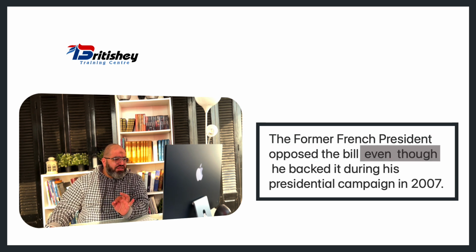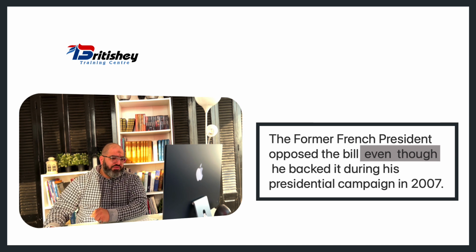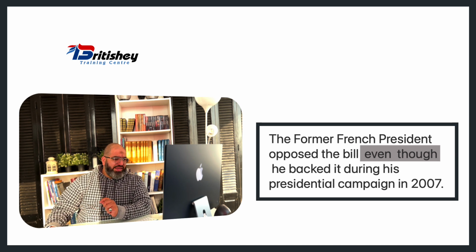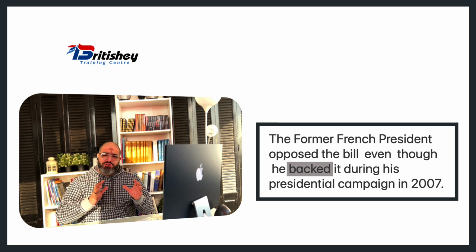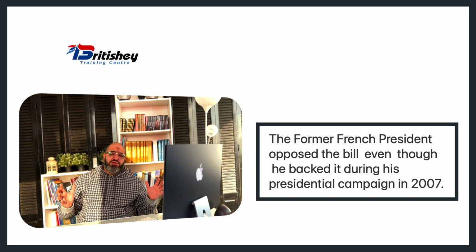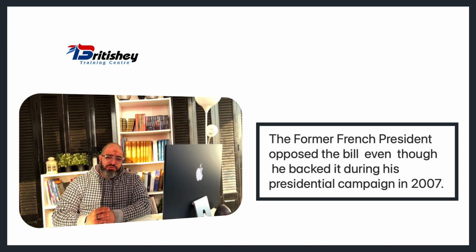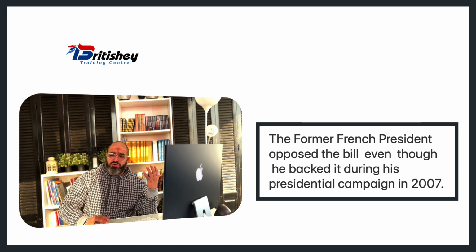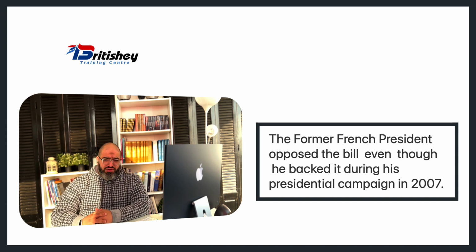And then we have even though, that's a connector. What's after the connector? We've got he, that's the subject. And we've got backed, that's a verb. Which means that these other adverb connectors, unlike the previous ones, need a clause before and a clause after. And we said that a clause contains a subject and a verb.